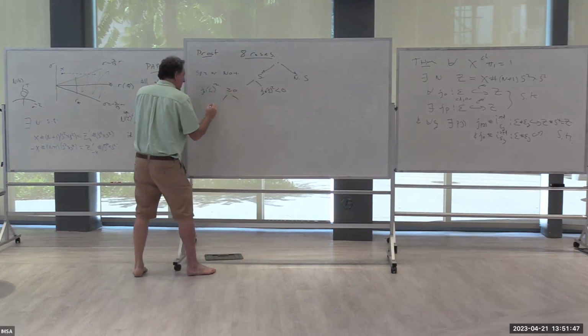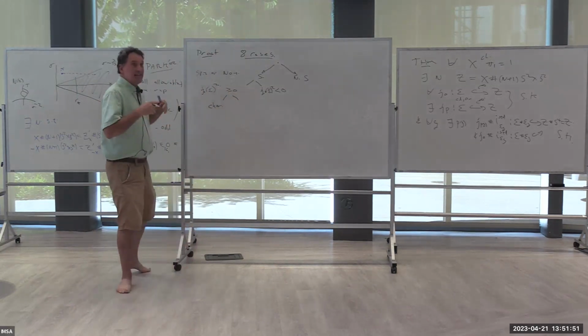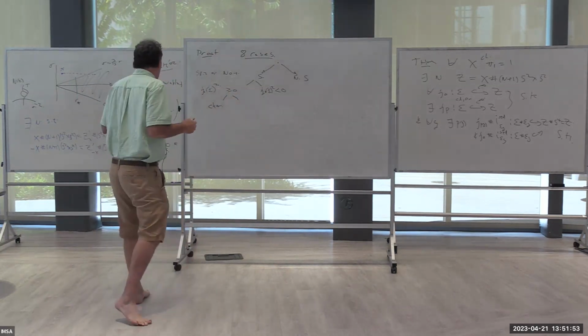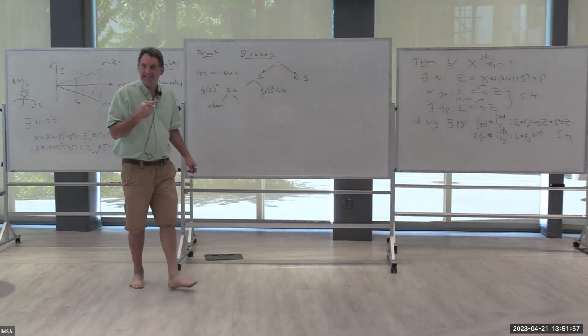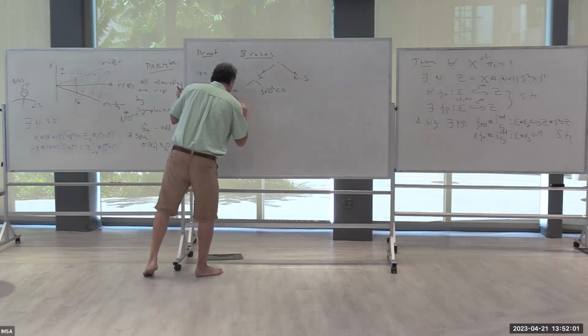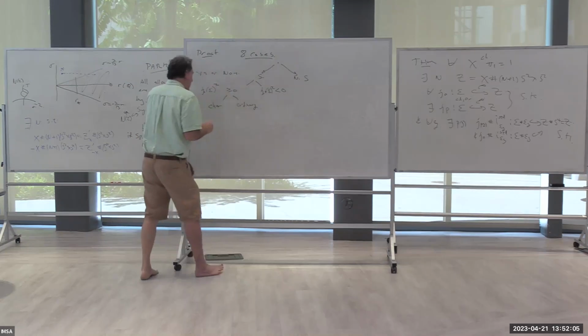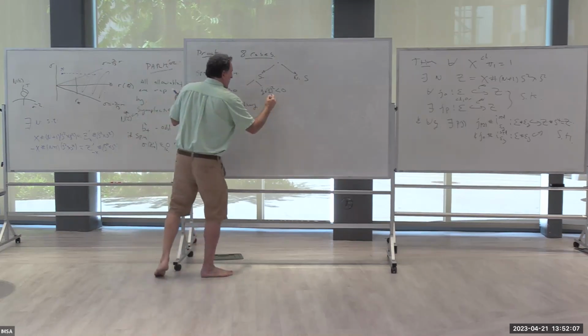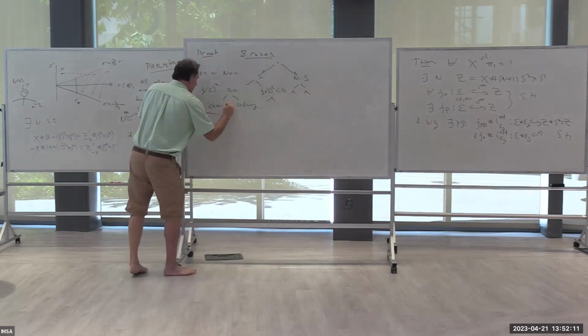It's either going to be characteristic, meaning that it dot with any class is congruent to the square of that class mod 2, or it will be ordinary. And there's the same cases all the way down.